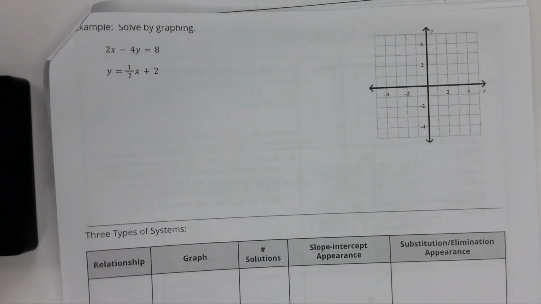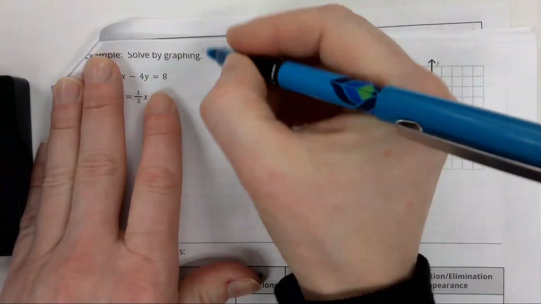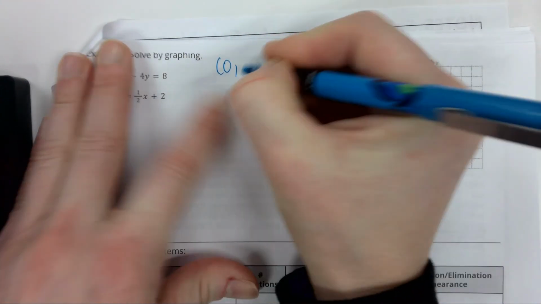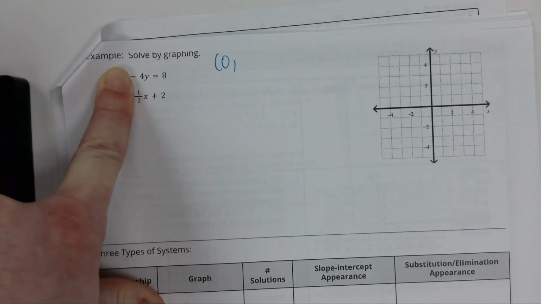Okay, how about this one? Put 0 in for x. Oh, that's -4. Okay, divide both sides by -4. What do you got?